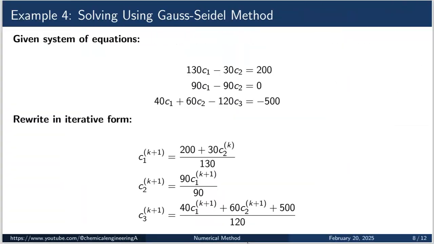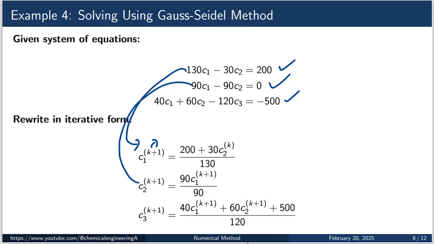Now I am solving using the Gauss-Seidel method. This is the first equation, the second equation, and the third equation. We rewrite the three equations. From the first we can write C1 at k plus 1, where k is the iteration number, equal to 200 plus 30 C2 at k, divided by 130.